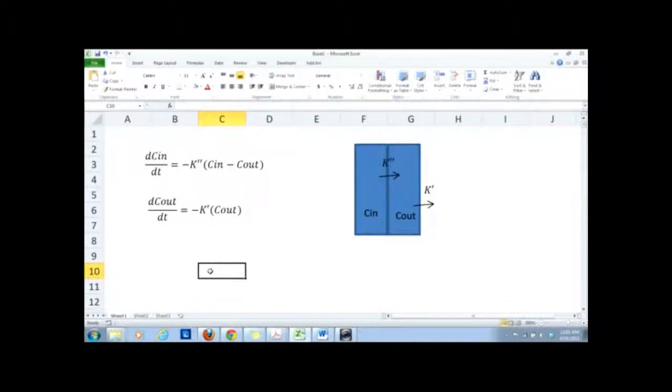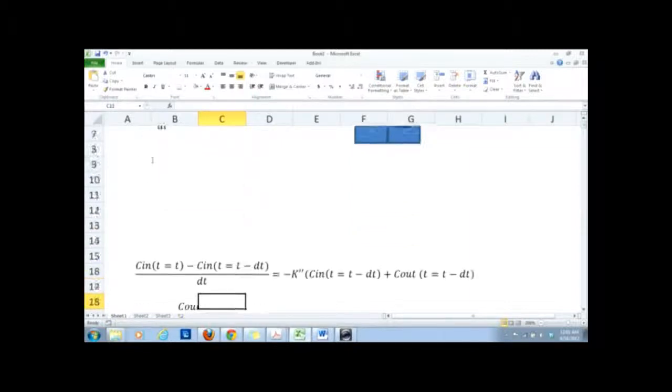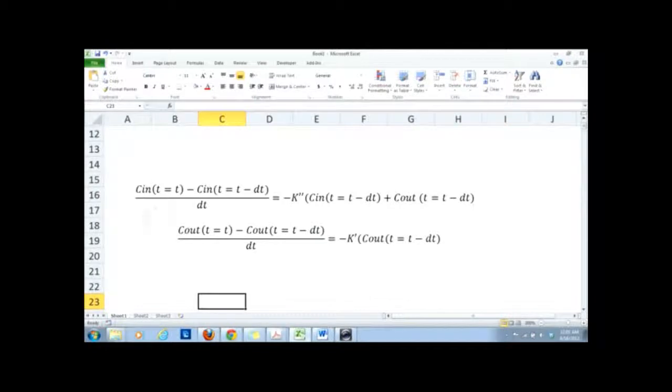To solve this differential equation analytically, we need to go to a very small time scale, and if we go to a very small time scale of dt, then we can rewrite this differential equation in this form. Here, instead of writing dt, I'm writing C in at t is equal to t minus C in at t is equal to t minus dt.